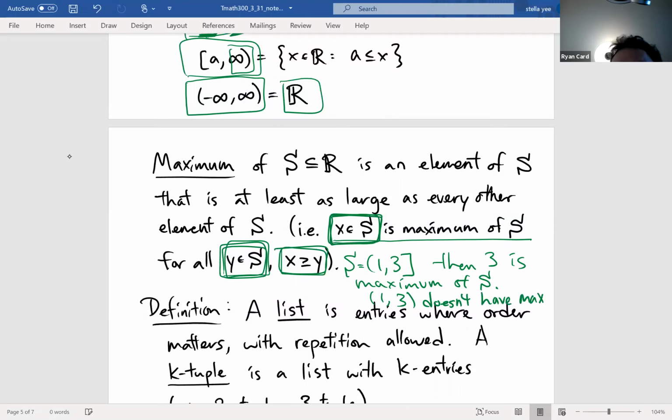You want to say 3, but 3 does not belong to the set because of the rounded parenthesis. So some sets do not have a maximum, and that's okay.